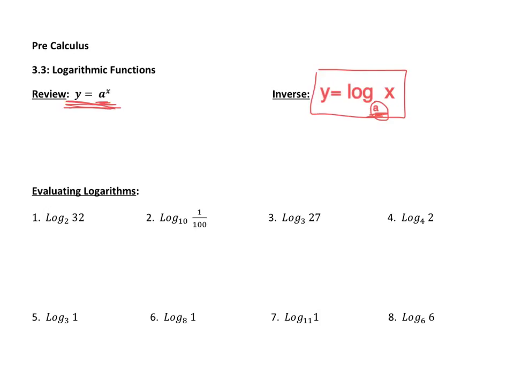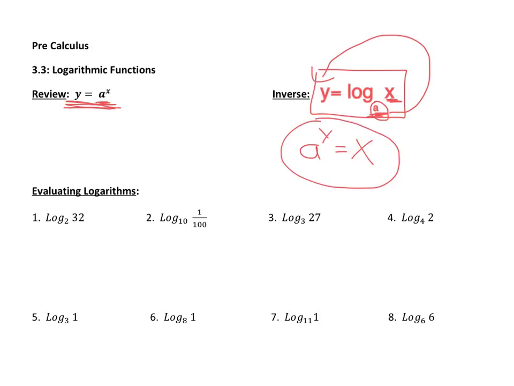That's the base. So I'm going to say a, raised to whatever that equals, so it's a to the y equals this. This x right here is called the argument. So this is the inverse of an exponential function. You can take a logarithm and you really just switch around the x and the y.